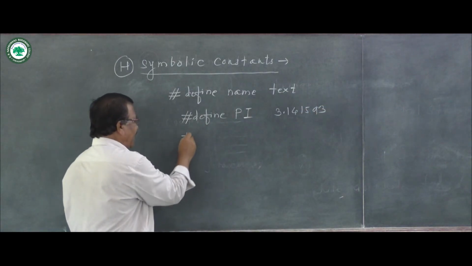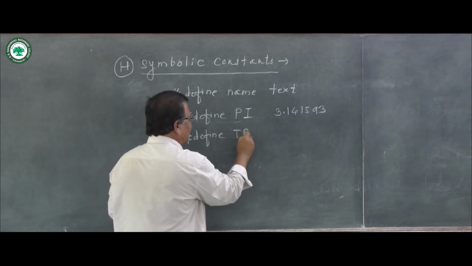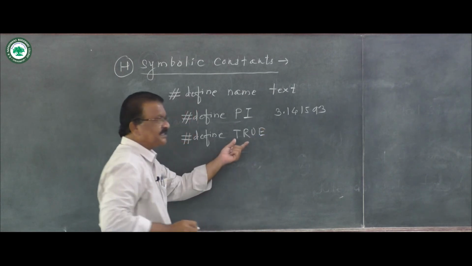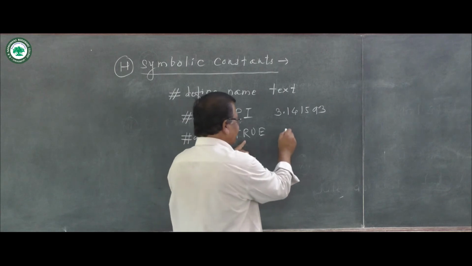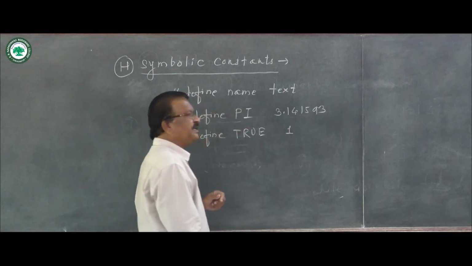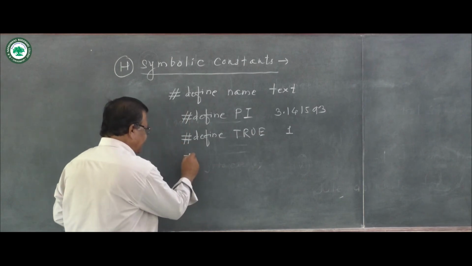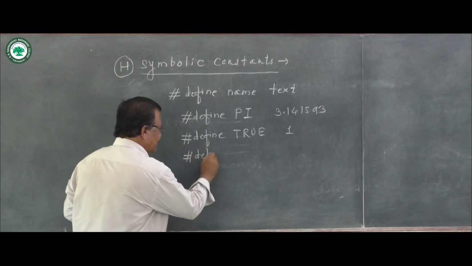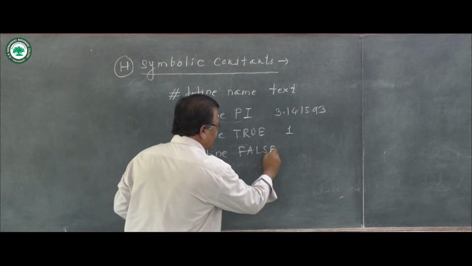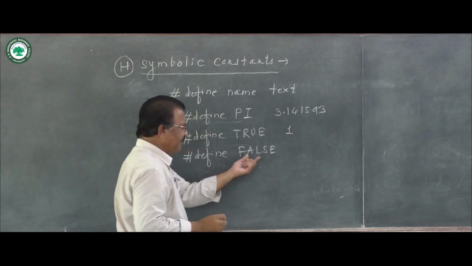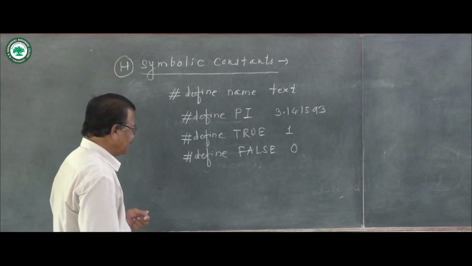Similarly, hash define TRUE, written in uppercase letters, so TRUE is a symbolic name, and the sequence of characters that get substituted for this is 1, a numeric constant. Hash define FALSE. FALSE is a symbolic name written in uppercase letters. 0 is substituted for FALSE.